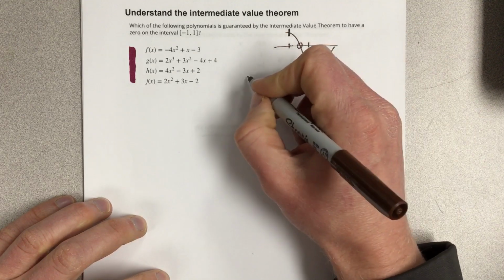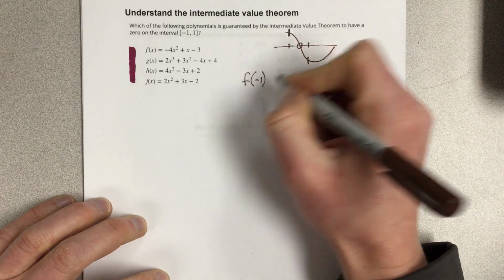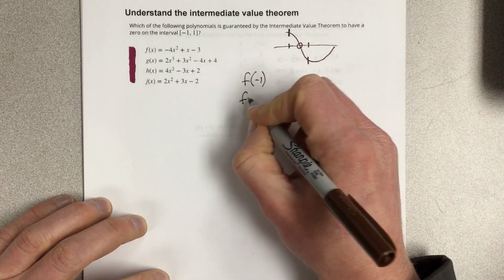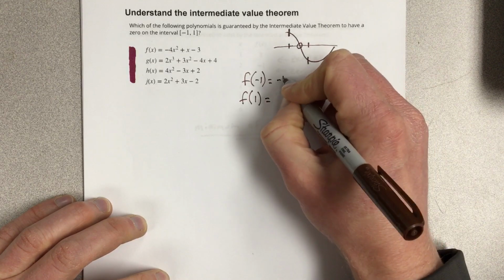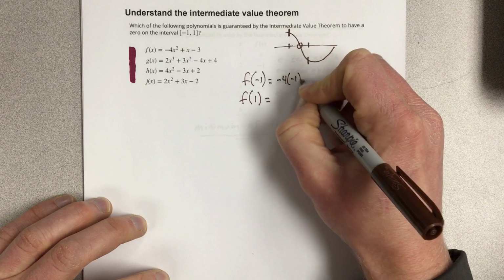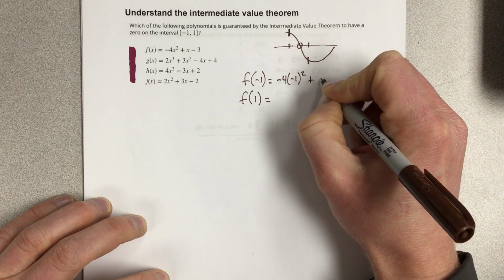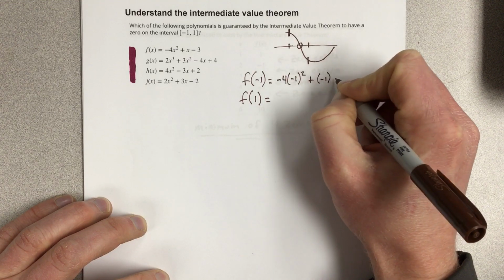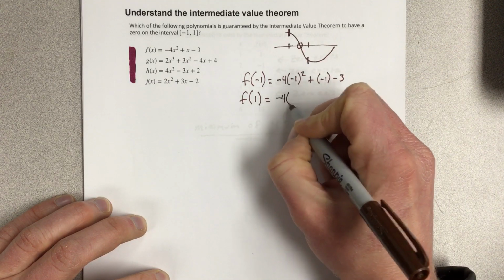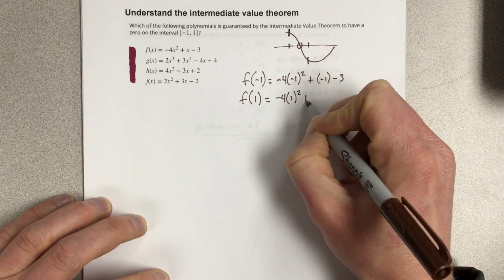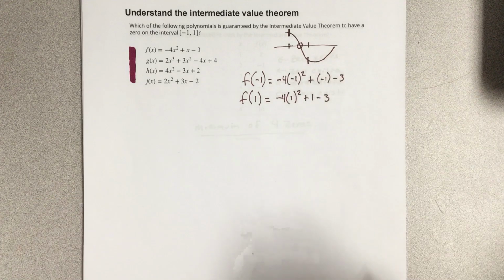So we'll start by saying f of -1 and f of 1, which would give you -4 times -1 squared, plus -1 minus 3. And then you'd have -4 times 1 squared, plus 1 minus 3.